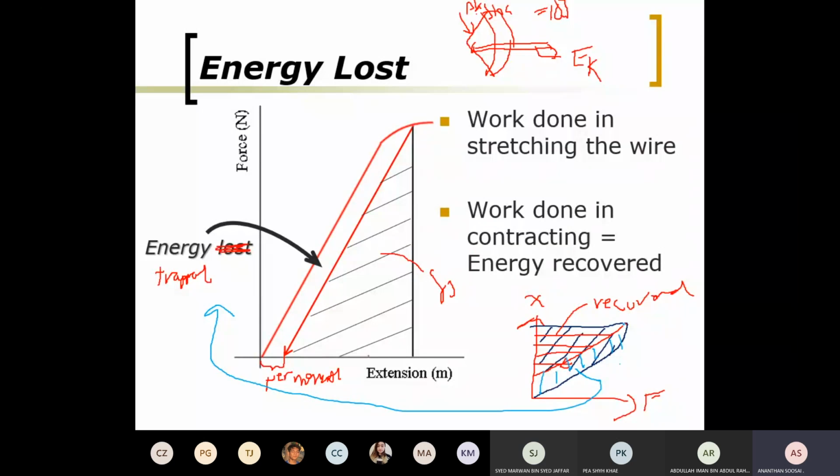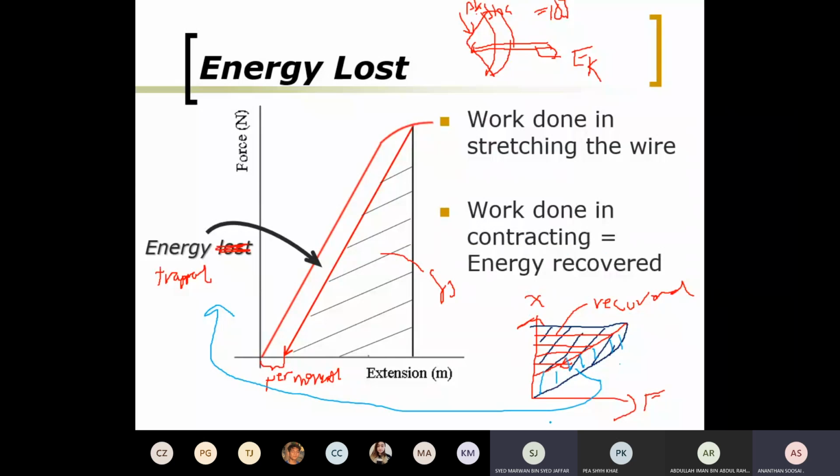Any question from here? Yes, I have a question. How do you know how much is the permanent extension after it is over its limit? How much is the permanent extension? That means you are asking how many centimeters will be permanently extended, is it? Like when we draw the graph, how do we know how the gradient will be?